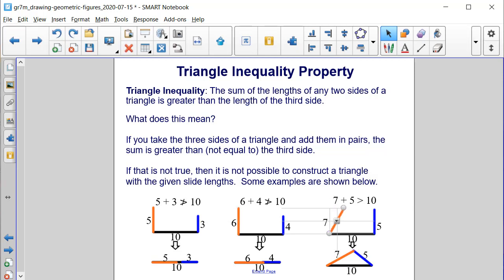Well, 7 plus 5 does equal 12, and if I was to take these two and bring them together, or rotate them, they will be brought together to form a triangle. So again, the triangle inequality theorem is that the sum of the lengths of any two sides in a triangle is greater than the length of the third side, which allows for those two sides to come together to form that extra vertex of the triangle.